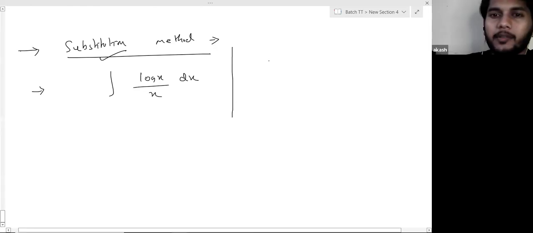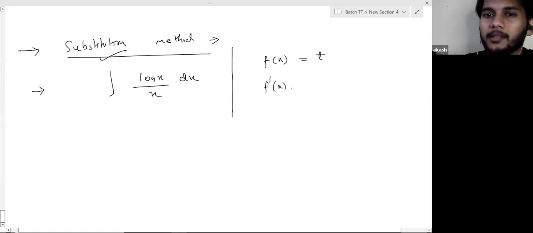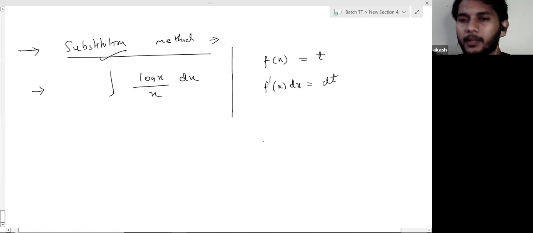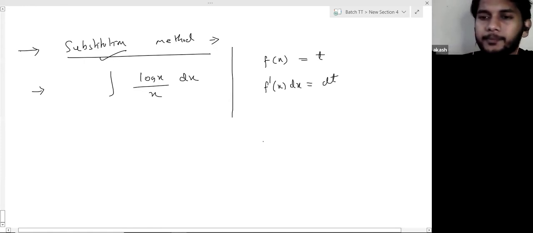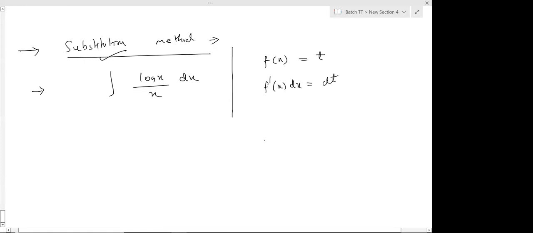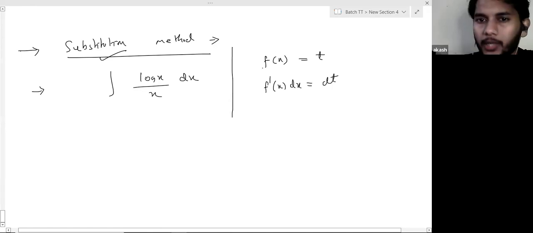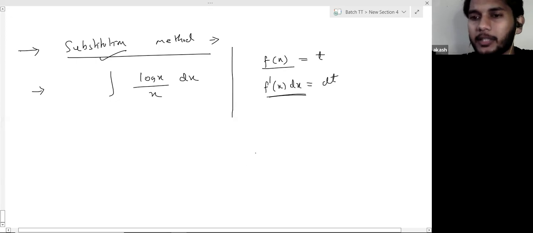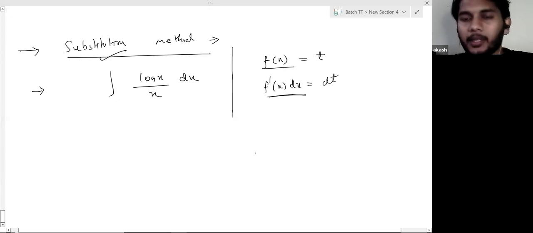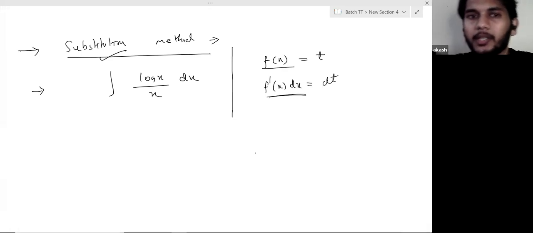So Jiva, what this means is, if you have a function and you put that as t, then the differentiation of this function, we can write f dash x dx equals dt. So you always have to look for f of x and its differentiation that is multiplied with dx. If you can figure out the function and its differentiation, then everything is good. You can solve any question of substitution.